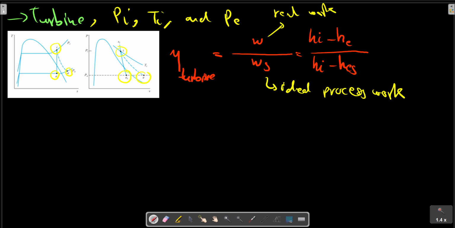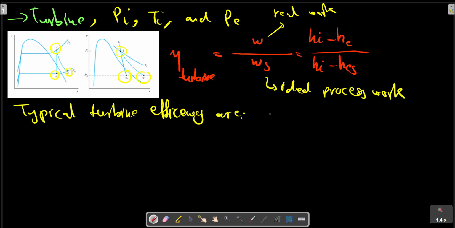The same definition applies to a gas turbine where all states are in the gaseous phase. Typical turbine efficiencies are given here, with large turbines usually having higher efficiency than small ones.